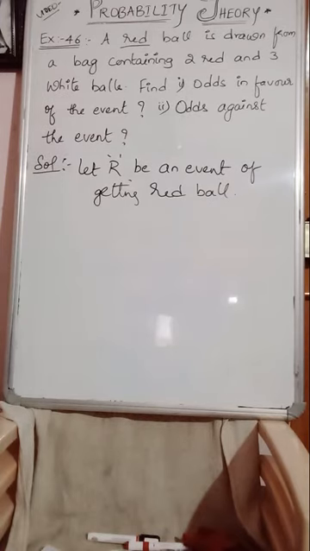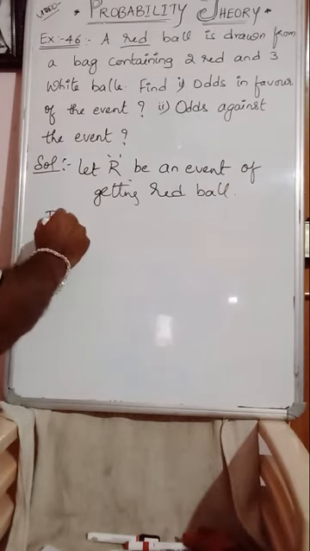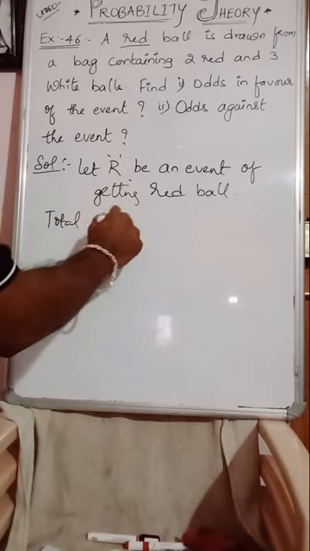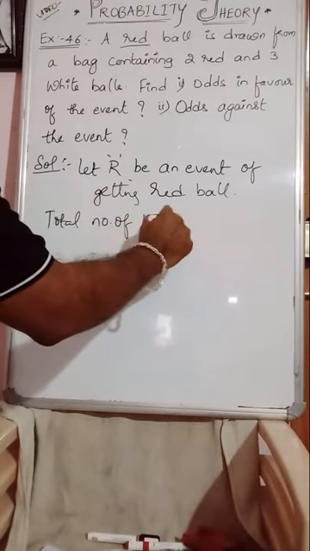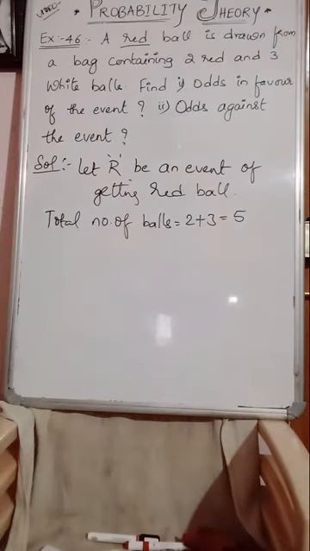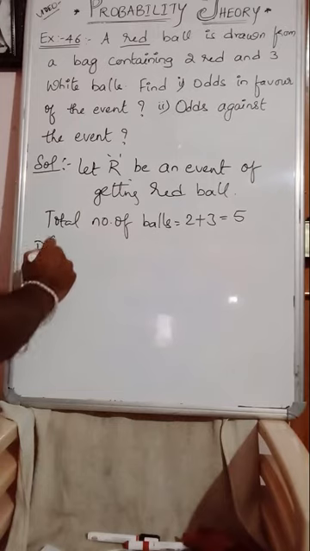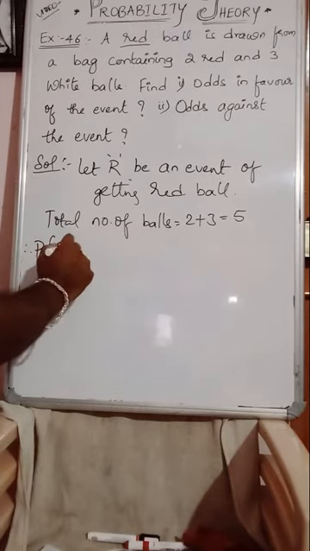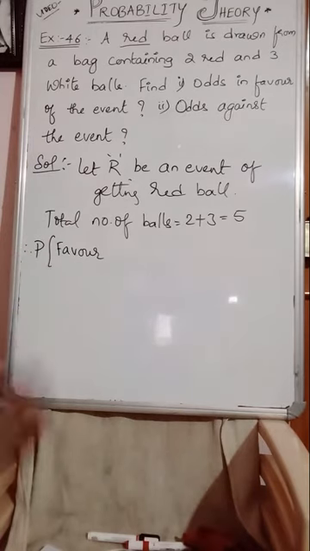Now let us see there. Total number of balls, 2 plus 3, 5. So there are total 5 balls. Out of these, odds in favor. So therefore probability of favor of the event.